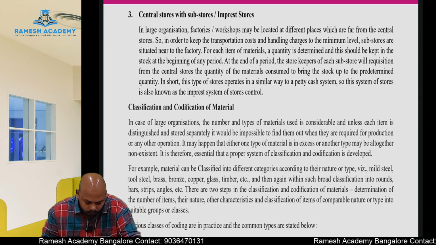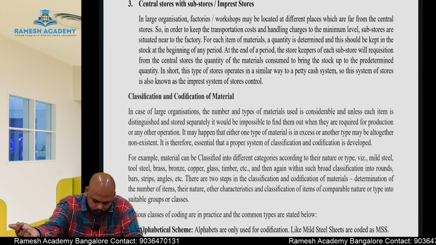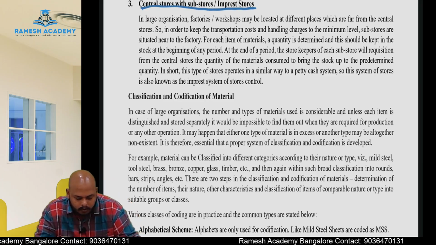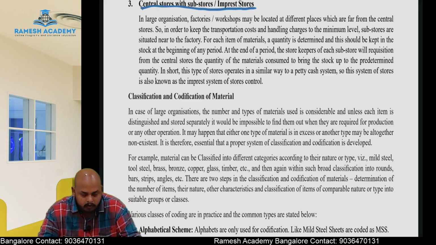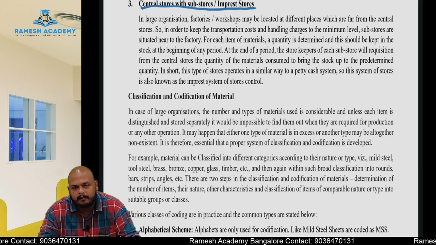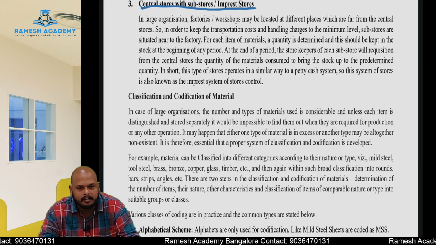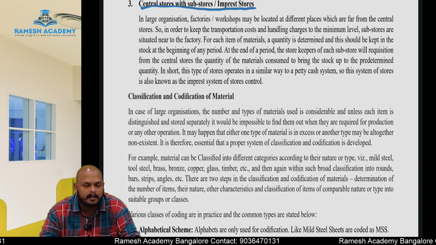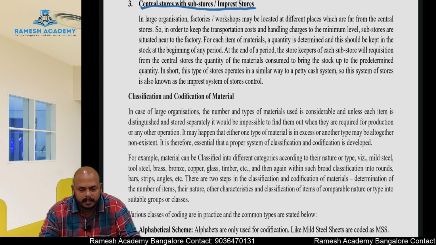Next, the third one: central stores with sub-stores or imprest stores. It is a combination of centralized and decentralized. Imprest store or sub-store is nothing but a combination of central and decentralized.